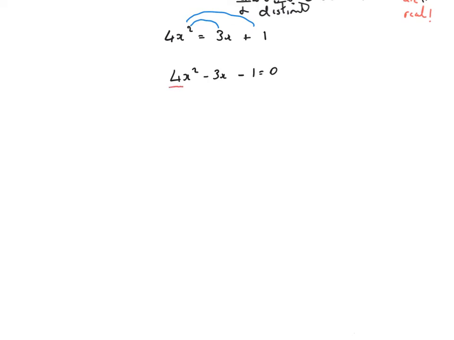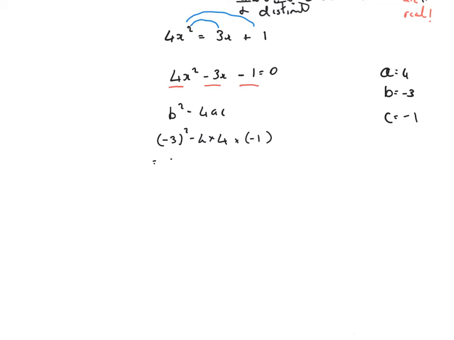And now identify a, b and c. Okay, so a is equal to 4, b is equal to minus 3 and c is equal to minus 1. Okay, so b squared minus 4ac, b's minus 3, so it's minus 3 all squared, minus 4 times a, which is 4, times c, which is minus 1.